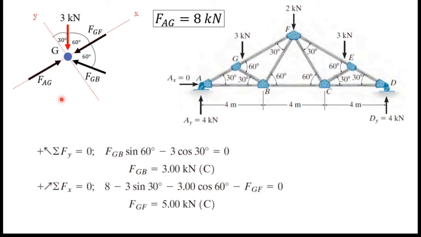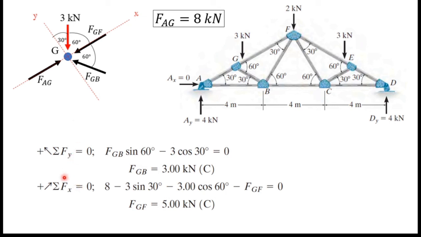Also please keep in mind, if I consider this y-axis direction, I don't have to worry about FAG and FGF. No need to consider those forces because they are at right angle to this axis.